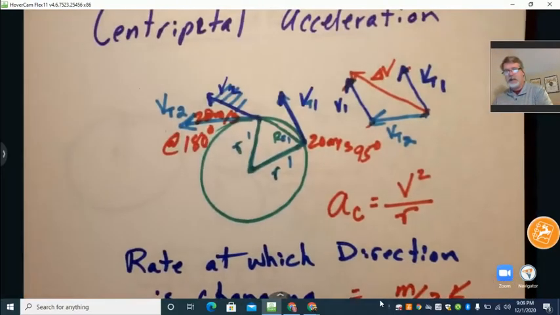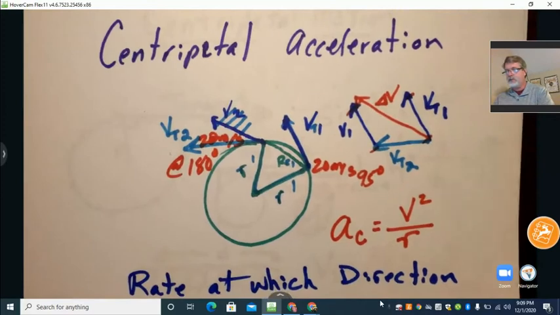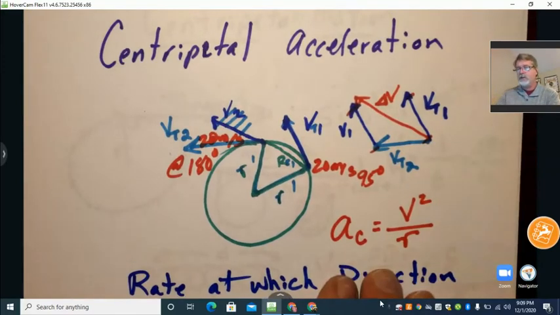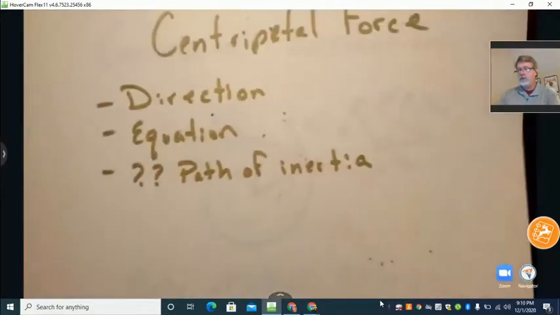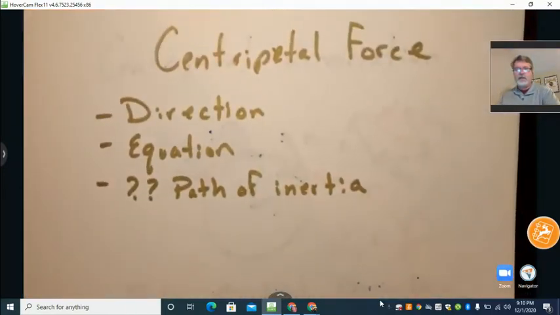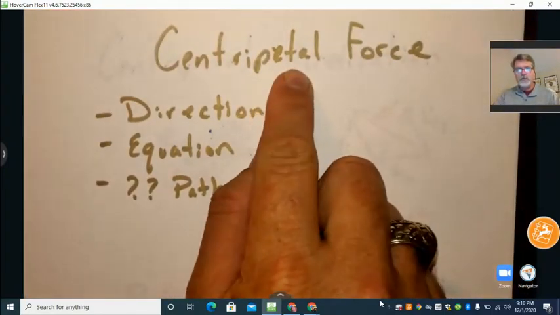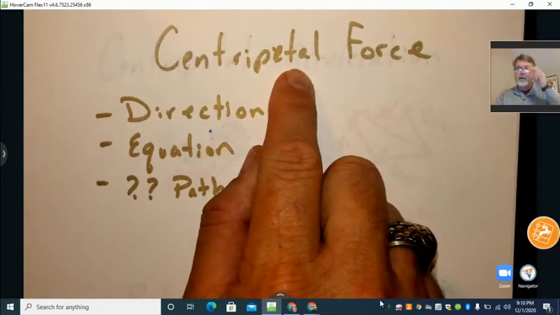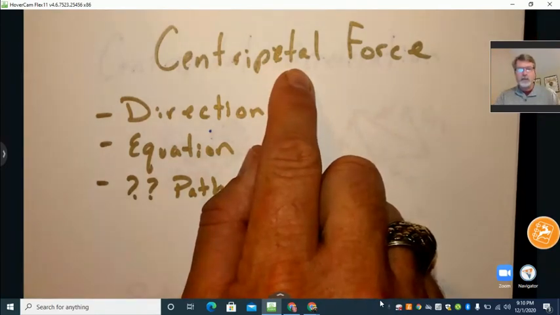If it has a velocity, it has an acceleration. We want you to solve a couple of those problems. We'll put some of those up. Now, it would have a centripetal force. So if you have an acceleration, you have a force, because things only accelerate when the net force is non-zero.